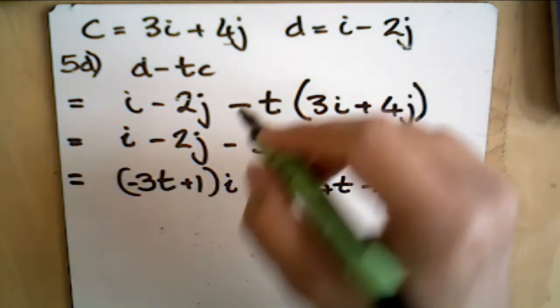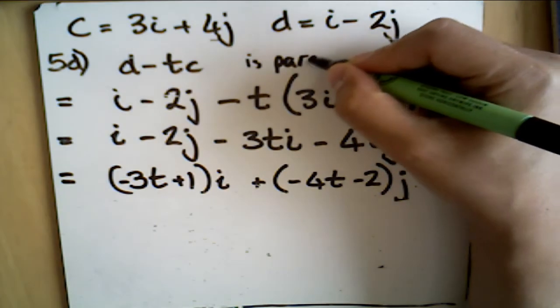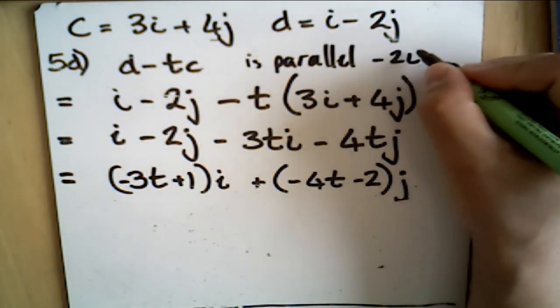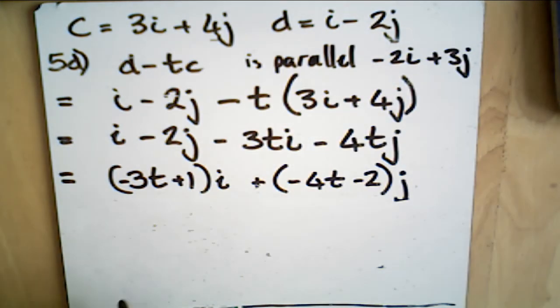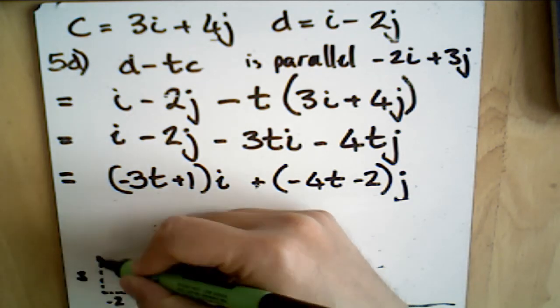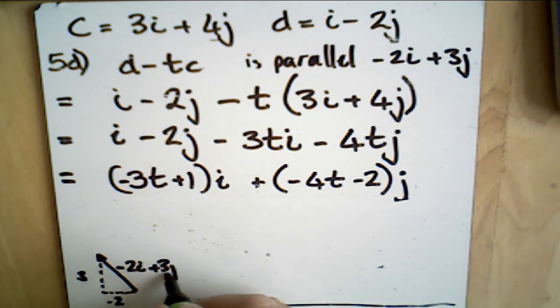So they said that this bit here is parallel, and they gave me the vector minus 2i plus 3j. So what does that mean? That means if I took a point, say here, and I went negative 2 in this direction, positive 3 in this direction like this, I join the nose to the end there, and I'd get this negative 2i plus 3j.